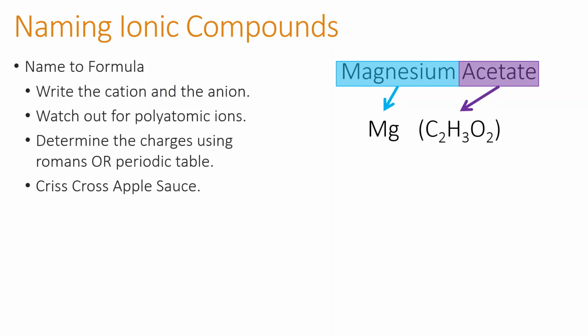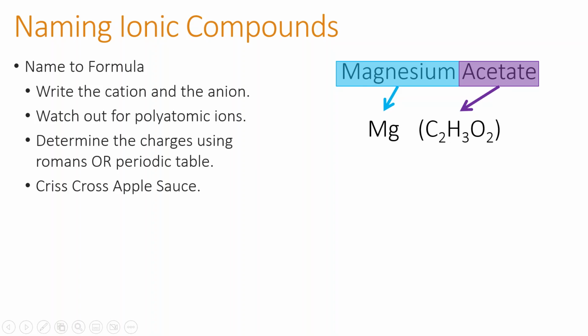The next step says to watch out for polyatomic ions. Acetate would be an example of that. You're not going to find polyatomic ions on the periodic table because these aren't individual atoms. They are many atoms that behave as a single ion. So you would refer to your polyatomic ion sheet for the names and formulas of these ions.